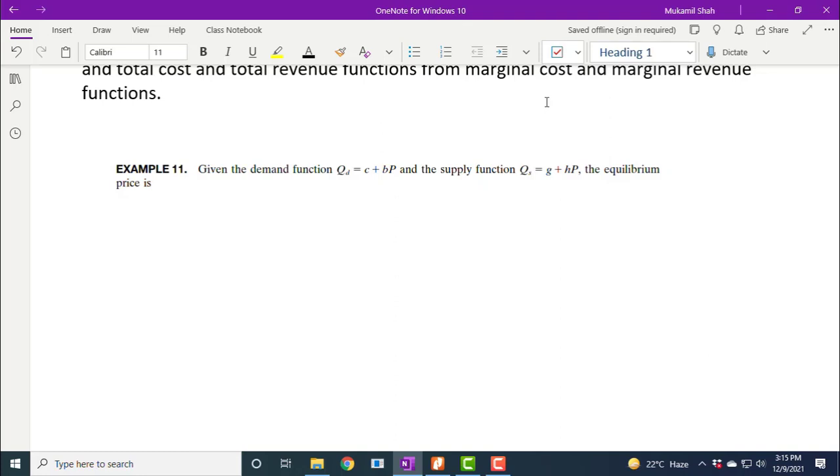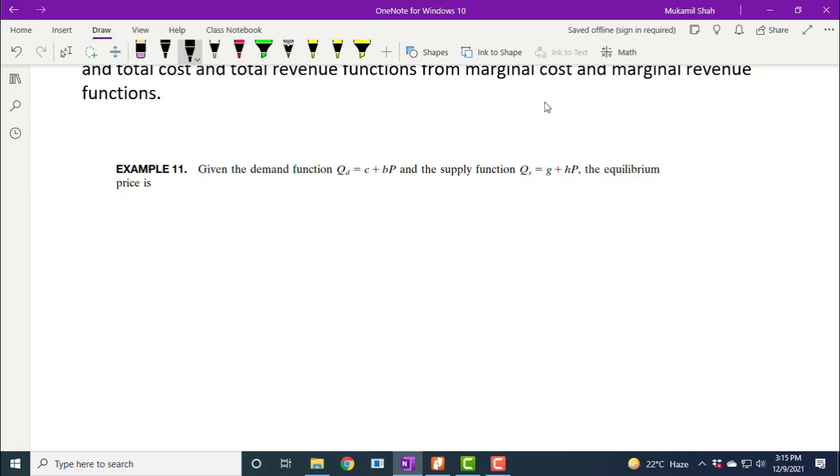Look at it. First of all, we need to determine market equilibrium price. For this, we have to equate quantity demanded equal to quantity supplied, or we can equate QD equal to QS. Since QD is equal to C plus BP, it must equal G plus HP.